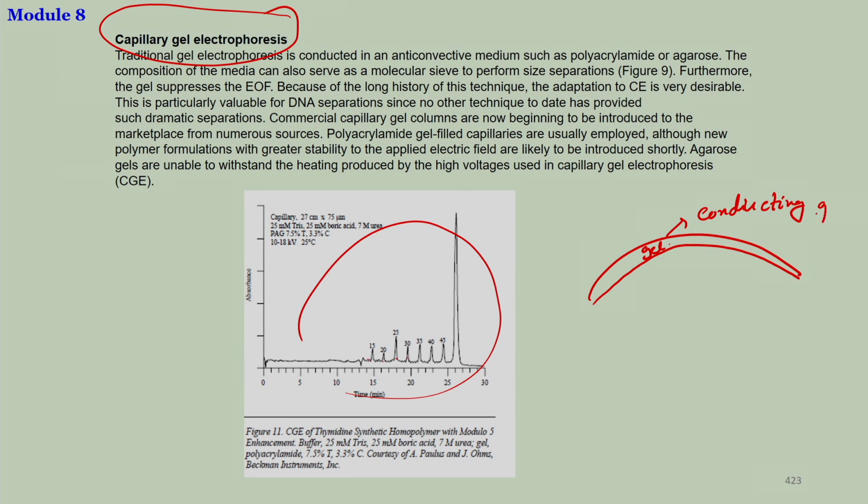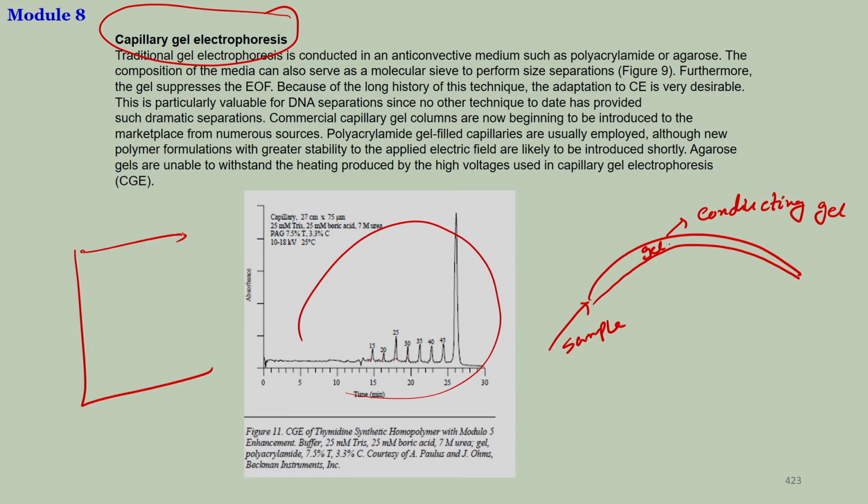If you now inject your sample across the capillary, it has to go through the gel, and obviously the sample has charge, the gel has charge, so they will interact. It is exactly similar to the electroradiogram I had shown during DNA sequencing.